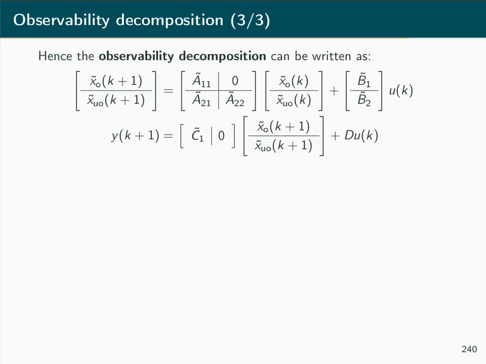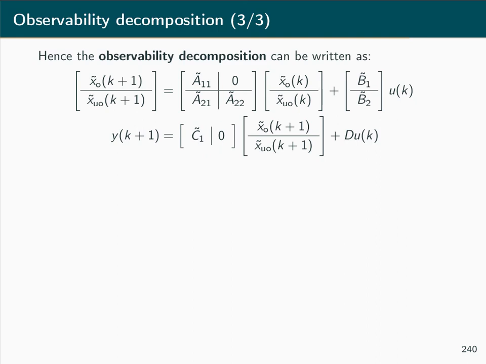Summarizing our findings, the observability decomposition can be expressed by this state space representation, where A tilde 1 2 is equal to 0 and C tilde 2 is equal to 0.